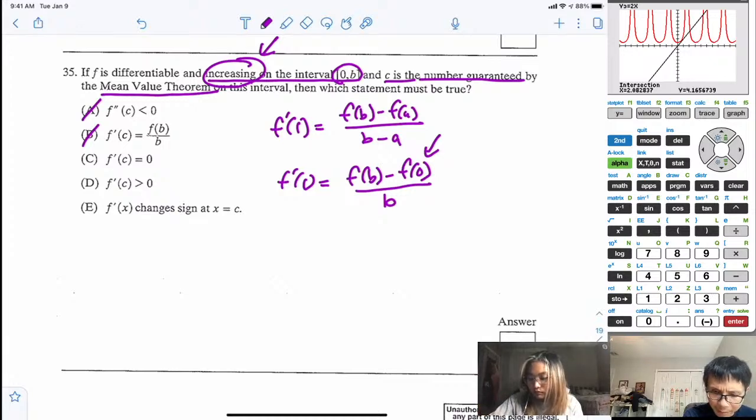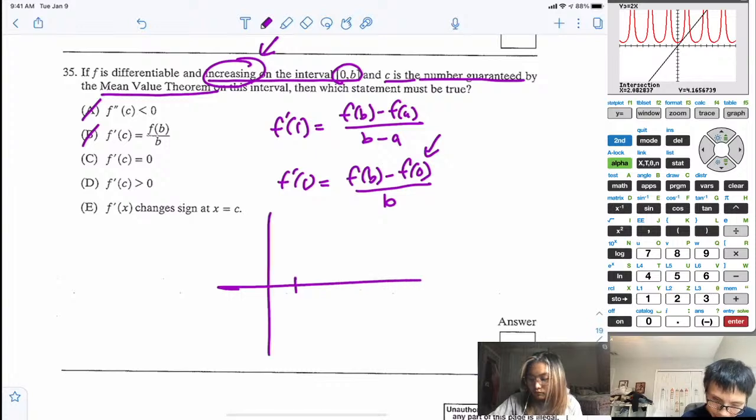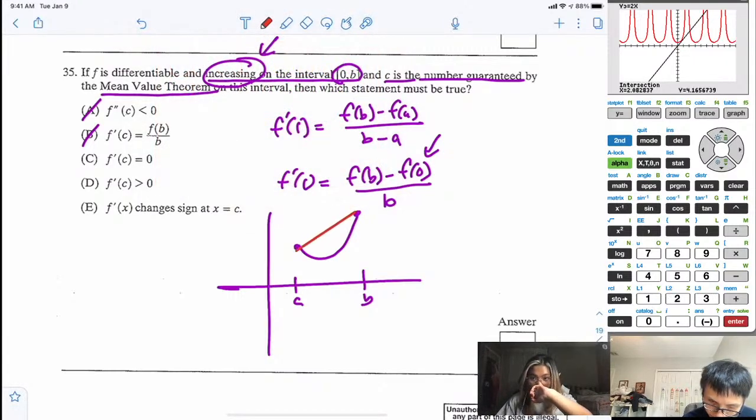But C, they say f prime of c is equal to 0. If it's equal to 0, the mean value theorem basically says this: between a and b, if I have some type of function like this, this is the slope, f of b minus f of a over b minus a. This is f prime of c, right?